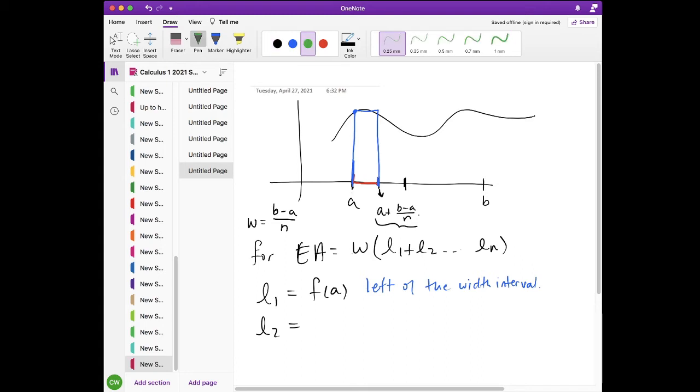So this is our width interval, and this is the left point. So I take a new line and draw a line up until I hit the curve, right here, and then I draw a rectangle. Oh, shoot. I didn't want that. There we go. Okay, does that make sense? So this is left of the next one.